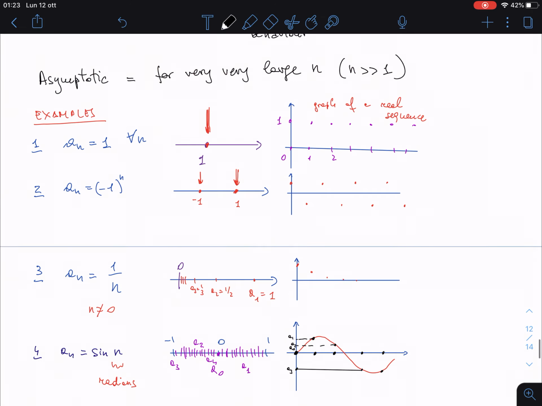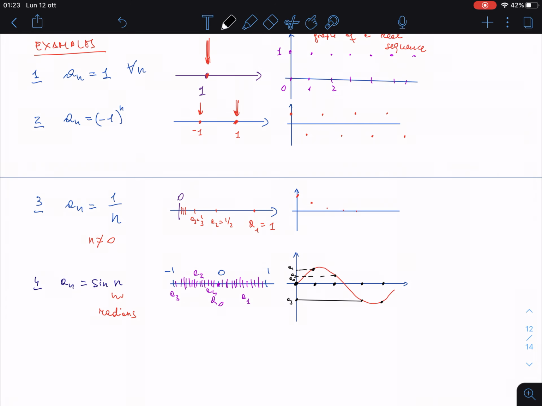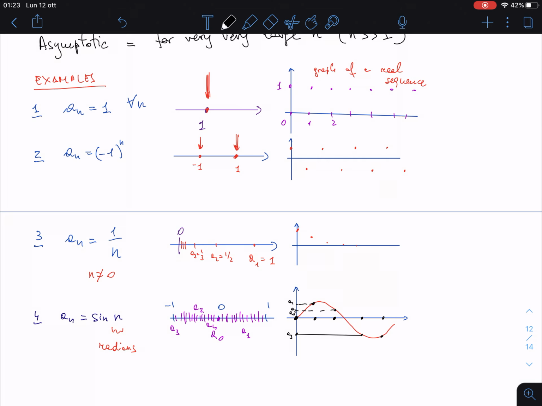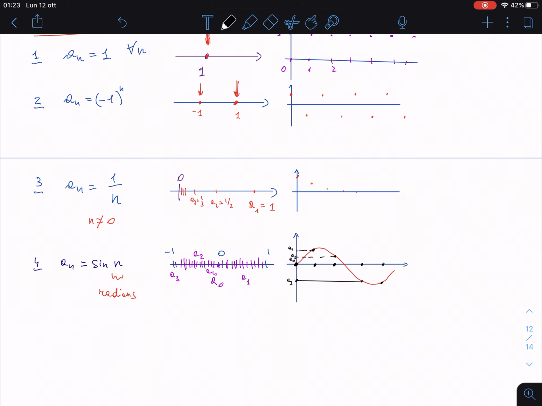So, I gave you just these few examples. We will see many other examples, but my concern was to convince you that in general the asymptotic behavior can be extremely various.